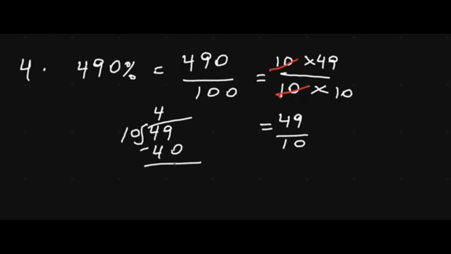Subtract, 49 minus 40 is 9. 9 is less than 10, so I cannot do anything more. Therefore, it will be 4 and 9 over 10, the final result, the mixed fraction.